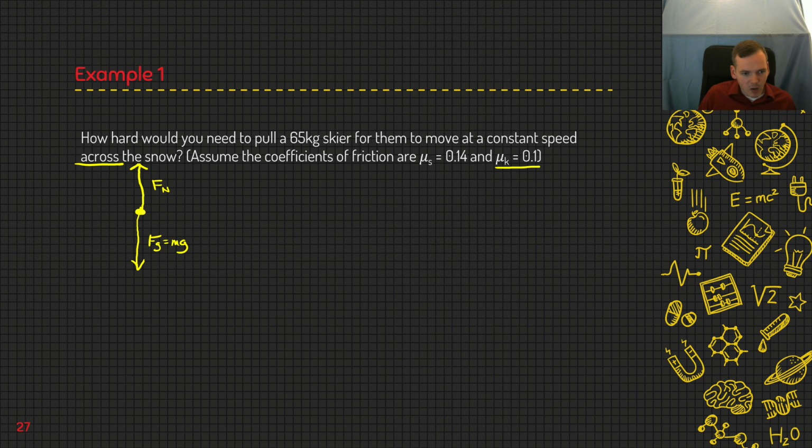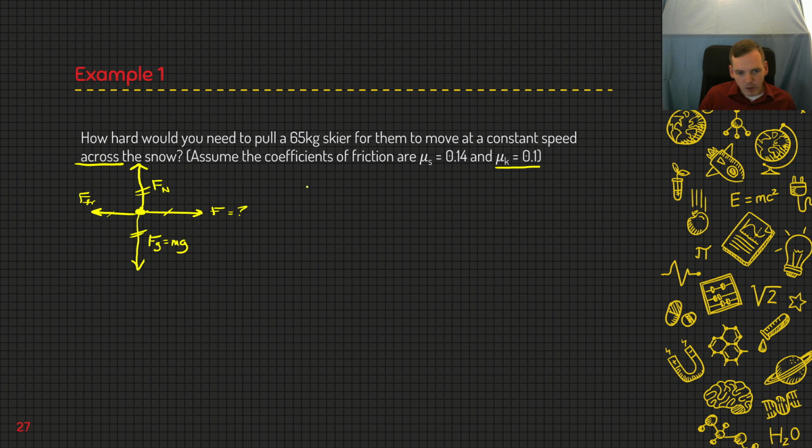Now it's asking how hard I would need to pull, so that's my force in question, F, to oppose a frictional force backwards, and we know that these are equal.